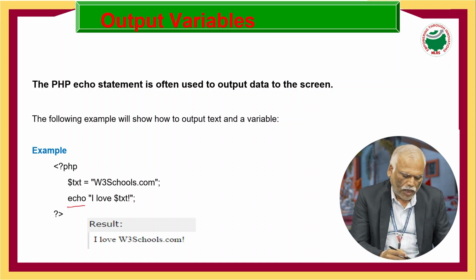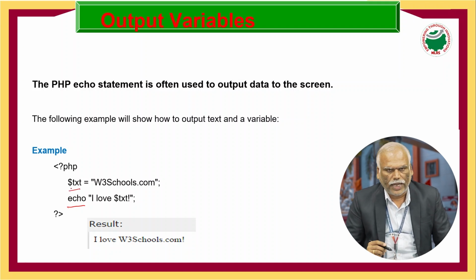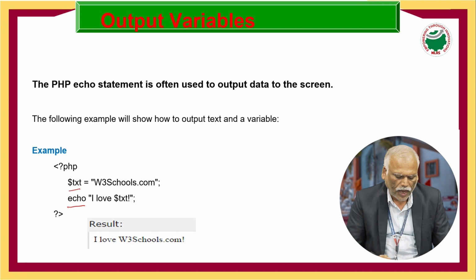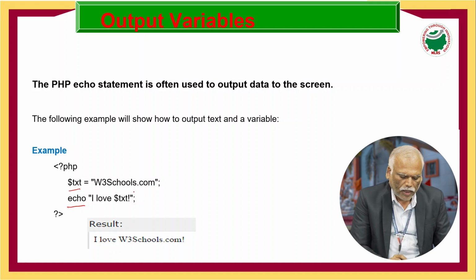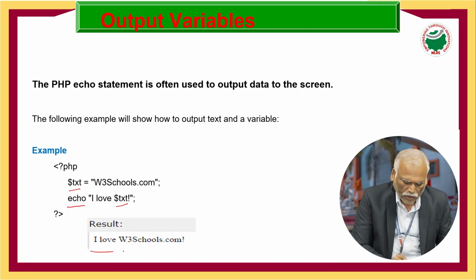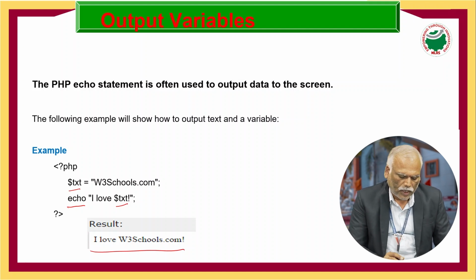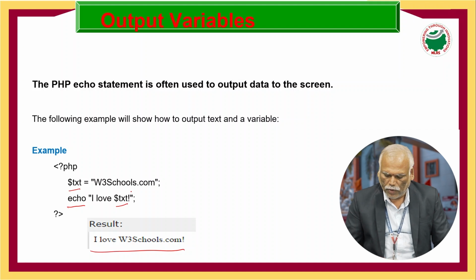As part of this code, the value assigned to $txt is a string like w3schools.com, which will display the information with the variable name $txt. The output will be w3schools.com. Here the variable value will be concatenated with the string to display in the output. This is outputting using the echo statement.